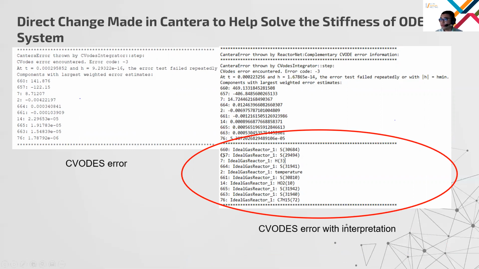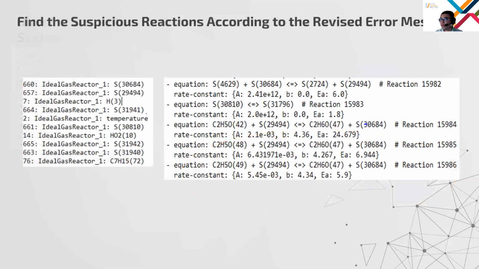So we add the species in the model, which is represented by these component numbers, so that users will know which species is suspicious, and then they can investigate further to see if there are any equations involving this suspicious species, and then check the rate parameters for each reaction involving this suspicious species.